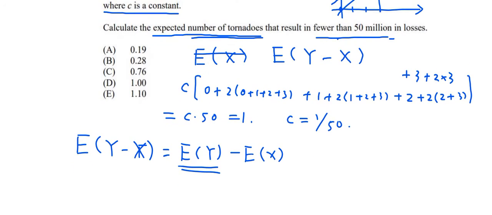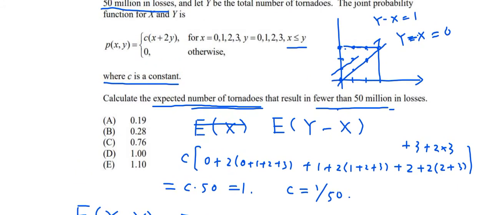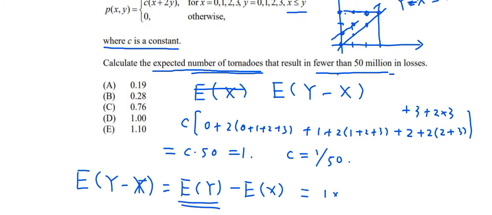So the expectation is 1 times the probability that Y minus X equals 1, which is just these 3 points, times 1 over 50 after adding them up.